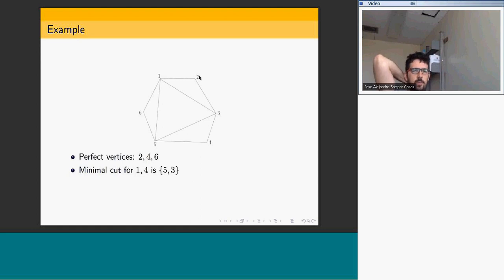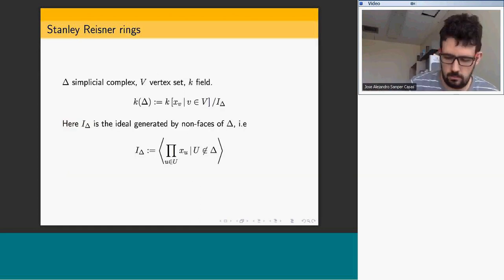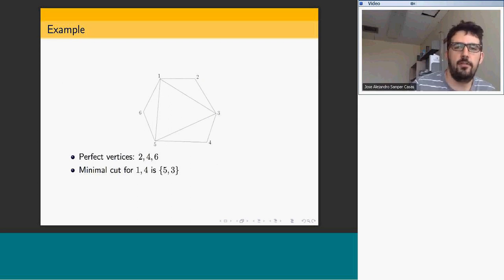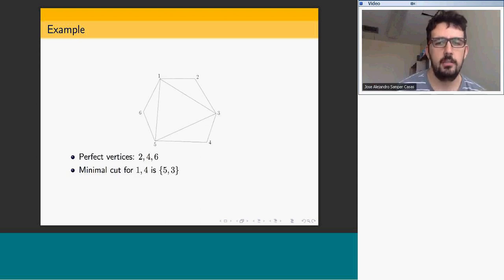But 1, for example, is not, because the neighbors of 1 are 6, 5, and 2, and the induced subgraph is just the path 6, 5, 3, 2, which is not complete. It misses some edges.